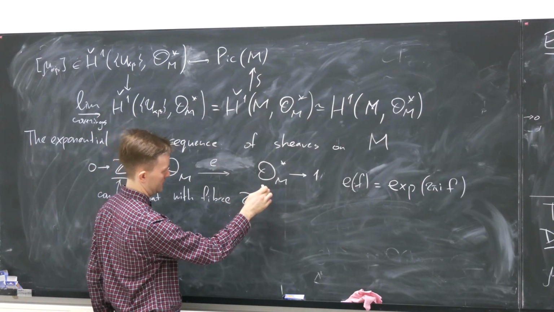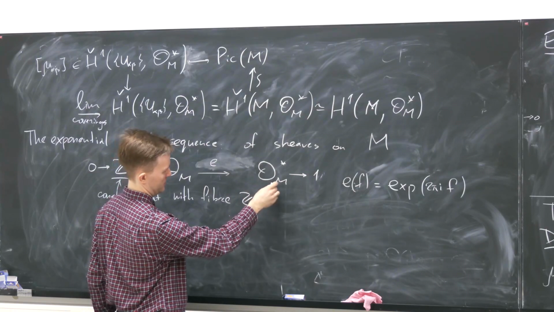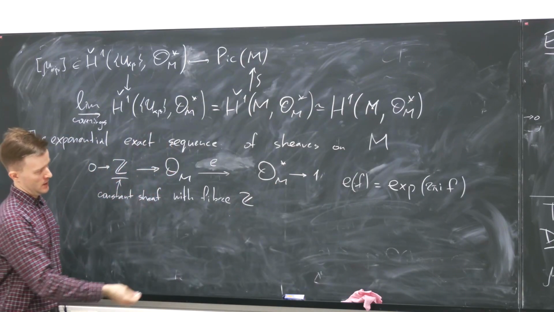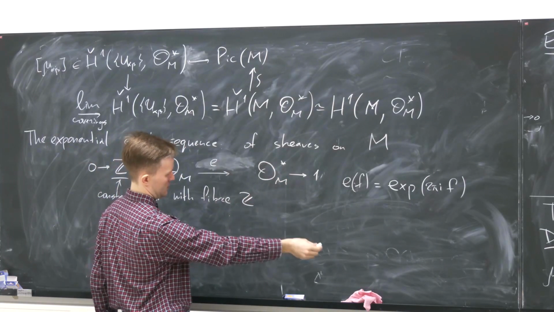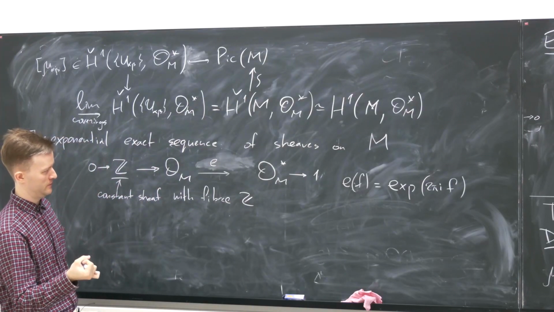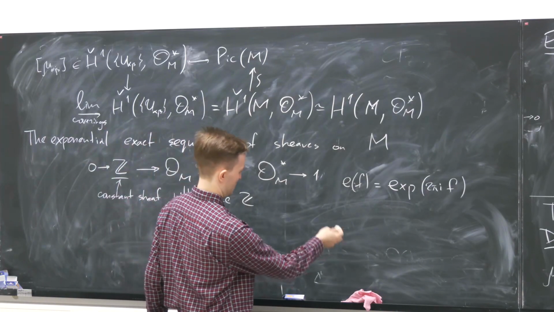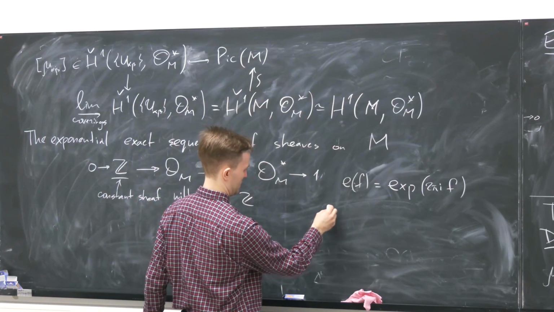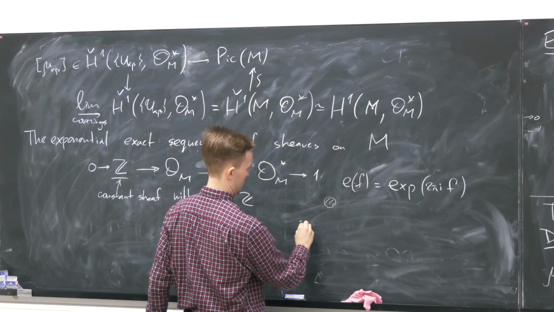If I have some function defined in a neighborhood of some point in M, which does not vanish at this point, then if I restrict the domain of definition of this function, it will take values in some small open set in C which is disjoint from 0.